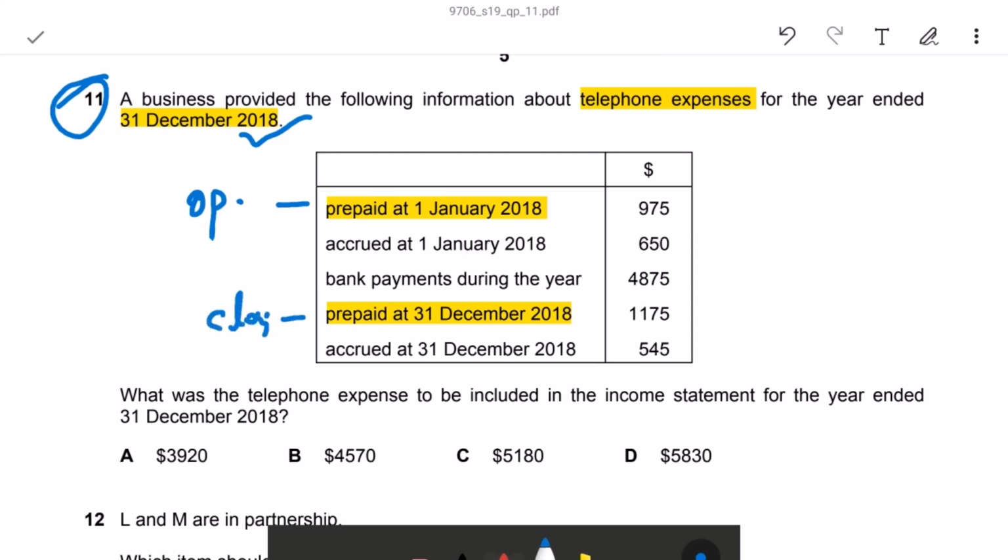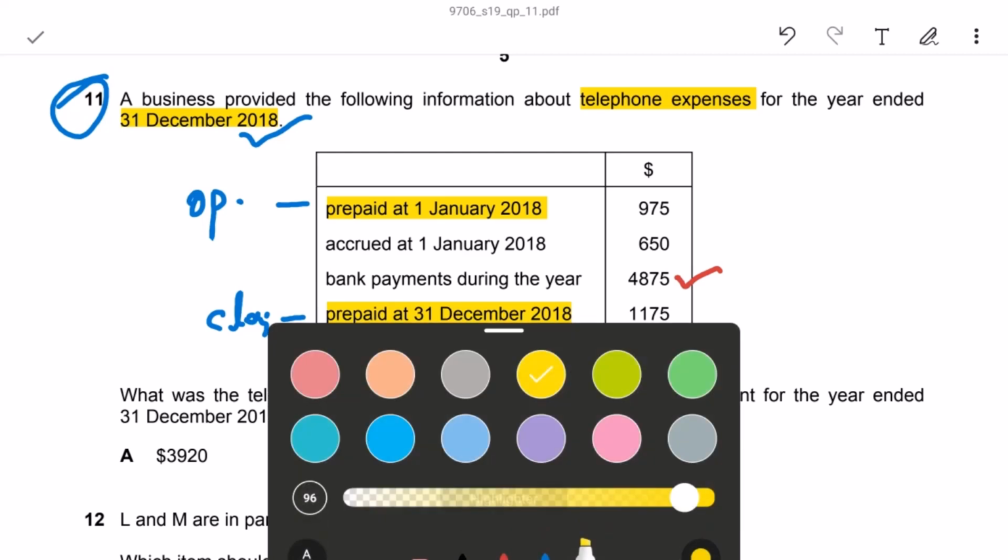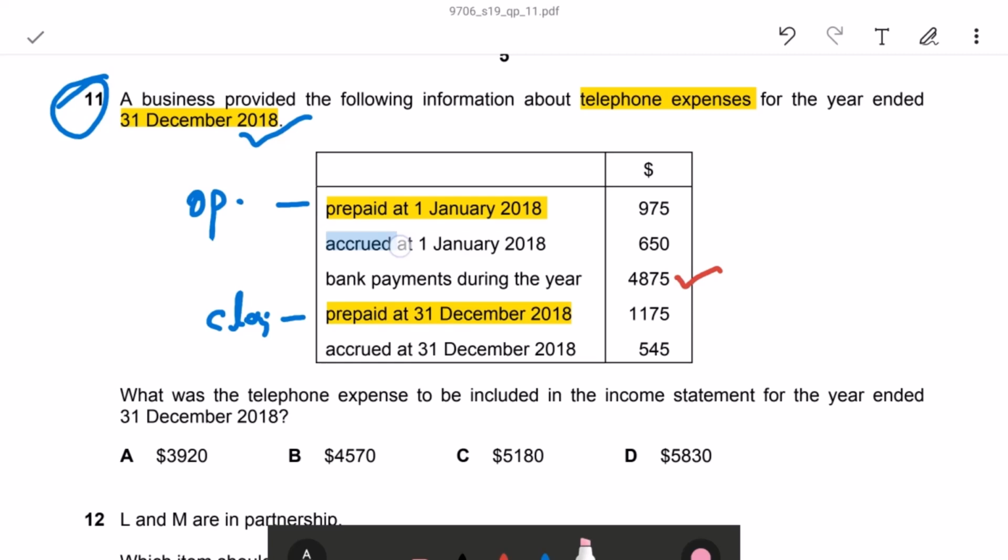Next, the total amount paid they are given. Total amount paid is 4,875. Then the question gives accrued expense. Accrued opening means that is 650 accrued.